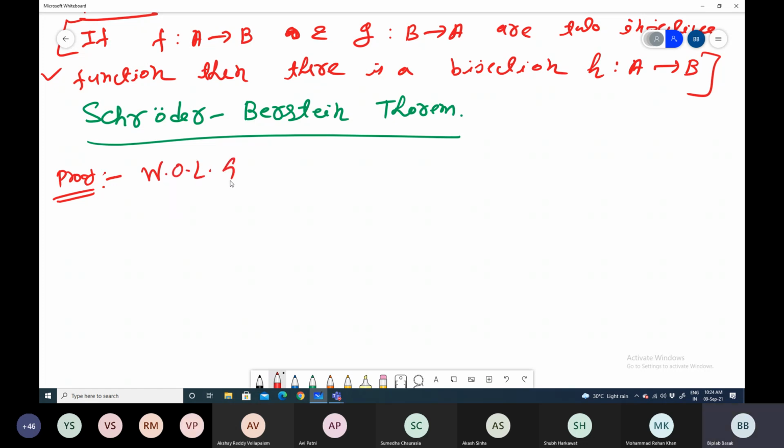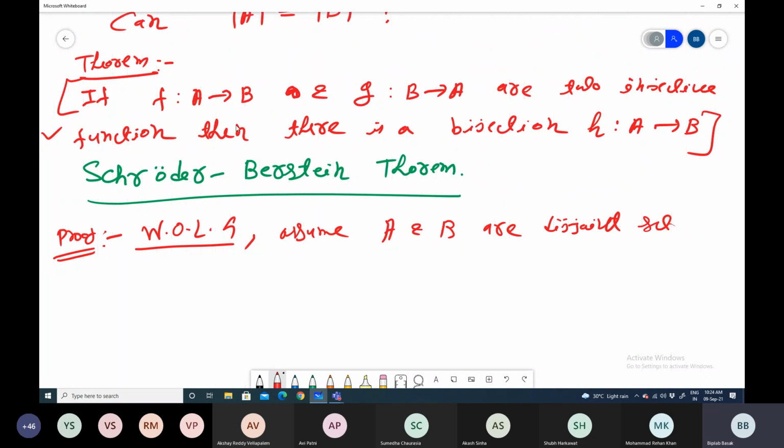Without loss of generality, we assume that A and B are disjoint sets. We can assume that because we can take A and B as any two arbitrary sets so that we have a bijection.